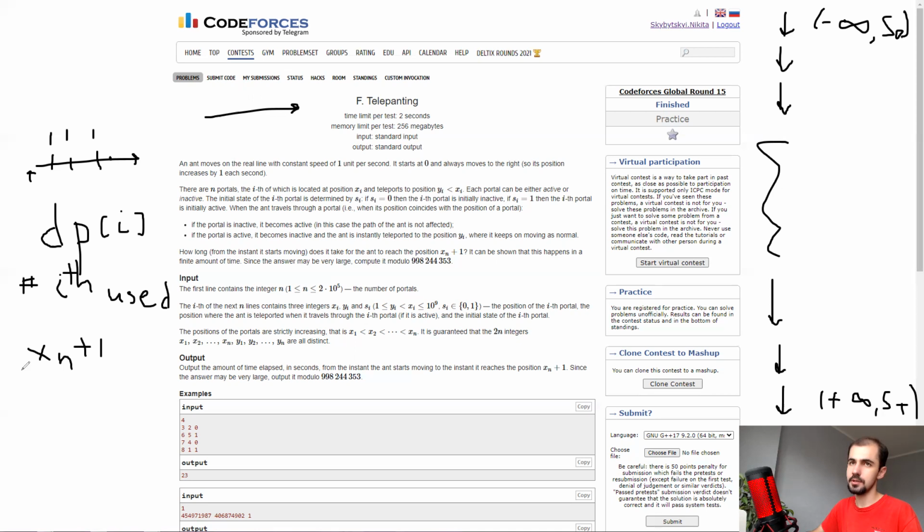So, except this thing, we also have the sum over all portals of how many times they were used times xi minus yi. Because every time you use a portal, it means that the distance to your destination increases by the span of this portal. So yes, the values dp of i are clearly very important. So our first idea is dynamic programming.